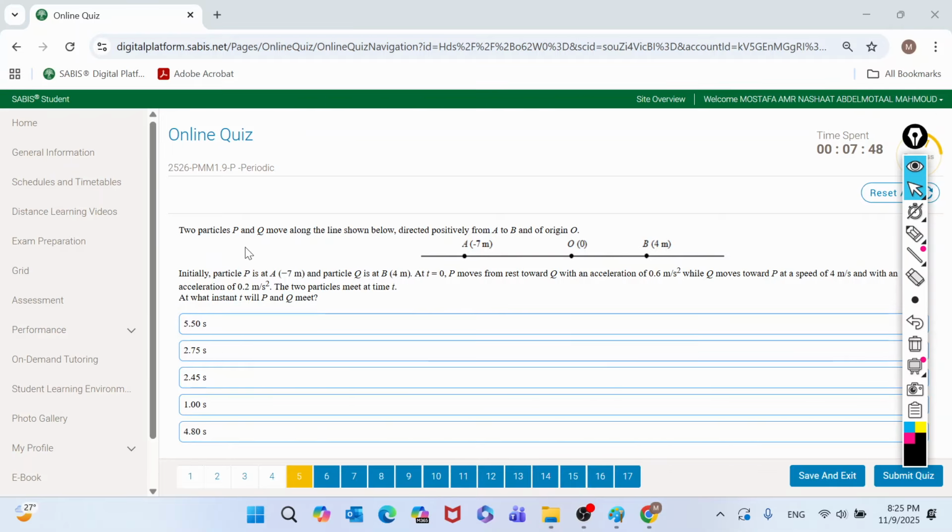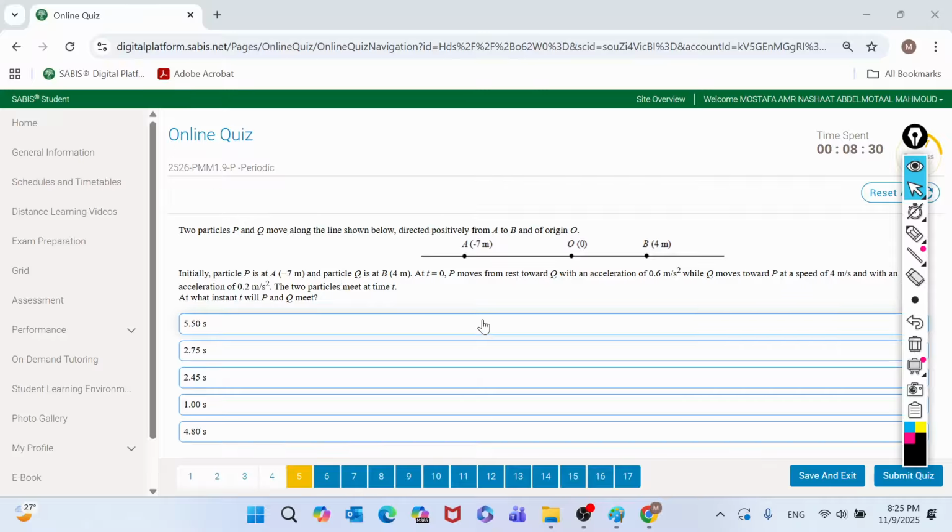Two particles P and Q move along the lines shown below, directed positively from A to B and of origin O. Initially particle P is at A and particle Q is at B. At t equals 0, P moves from rest towards Q with an acceleration of 0.6 meters per second squared, while Q moves towards P at a speed of 4 meters per second with an acceleration of 0.2 meters per second squared.